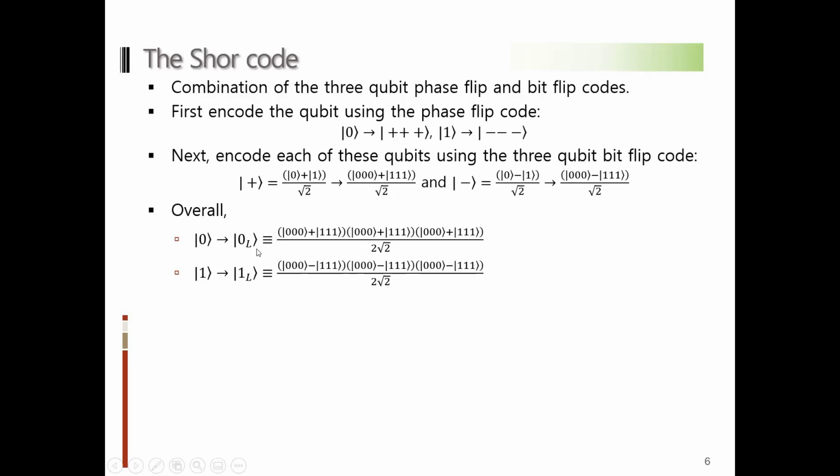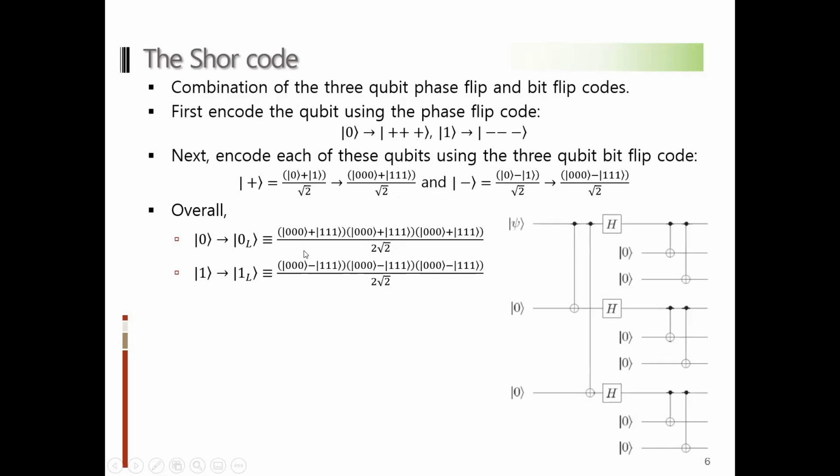Unfortunately, this looks very long. To detect the single qubit error, we have to use 9 qubits, which is a little bit of a waste of qubits. Still, this kind of code can be implemented in two stages.